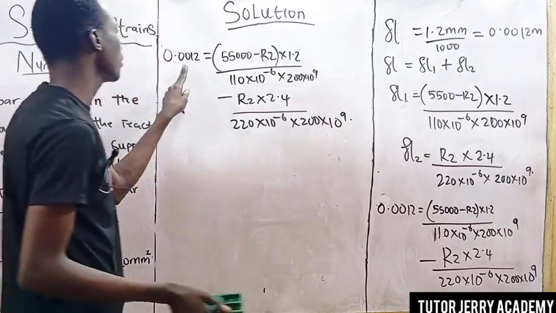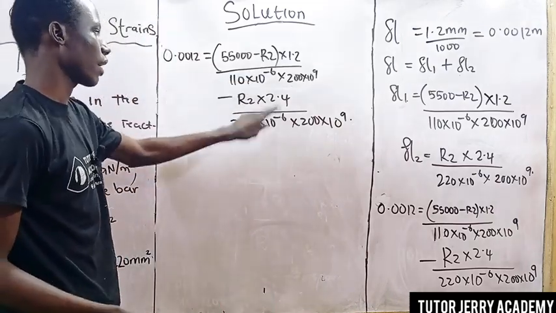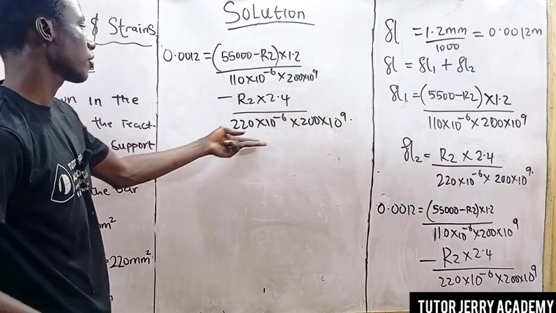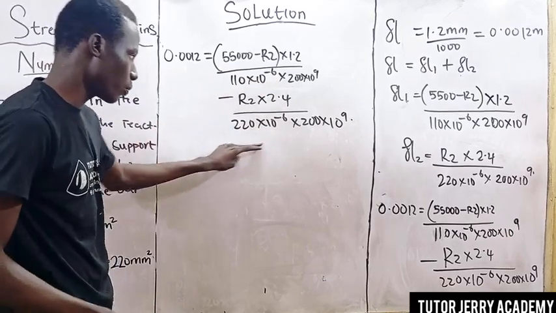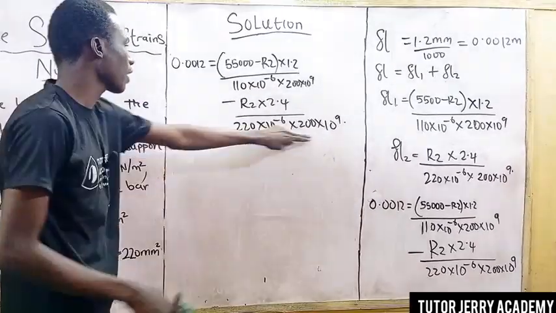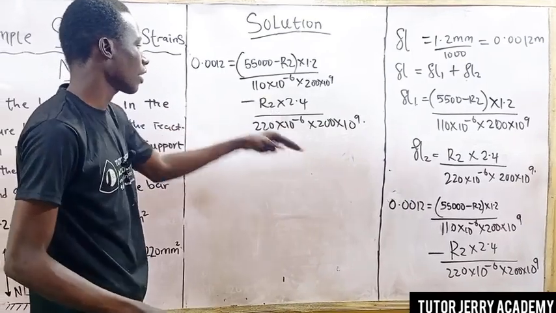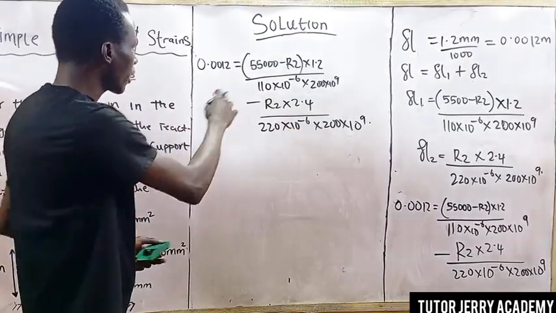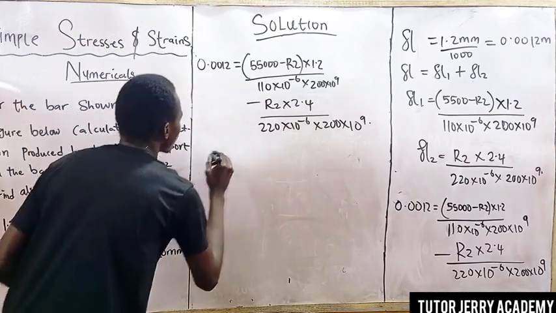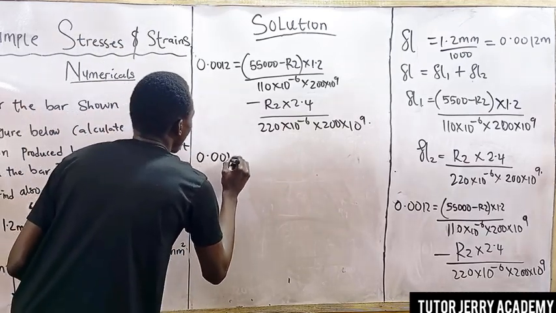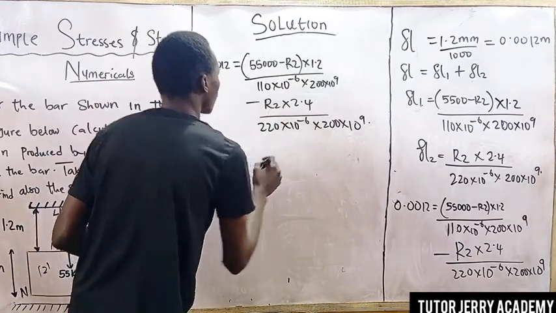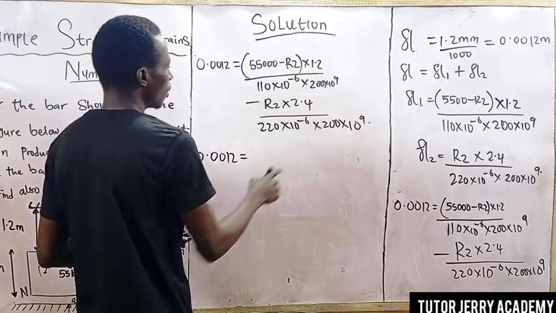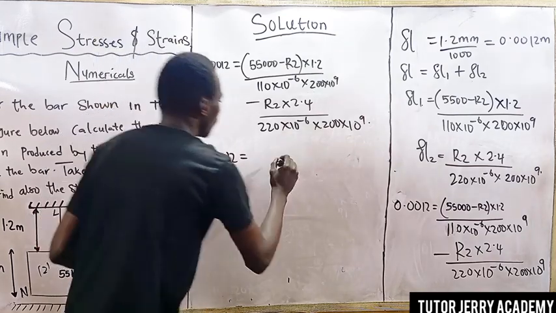So we are having this equal to this. Now we can take the LCM, of course. We take the LCM of this and this, nothing but this, because this can go into itself and this can also go into this. So to take the LCM of this, we are going to be having 0.0001 equal to 5,000. Now what do we have? We have this as our LCM.